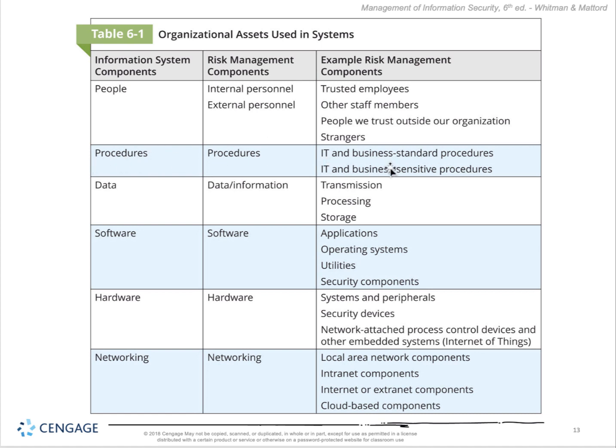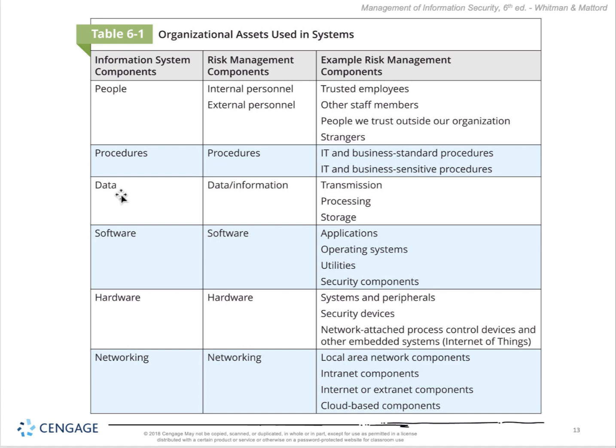You have IT and business standard procedures. You have IT and business sensitive procedures. So data, such as file, right? You have data being transmitted, you have data being processed, you have data in storage. That means that's data at rest. So all these different types of asset, or different subtypes of asset, they must be addressed.